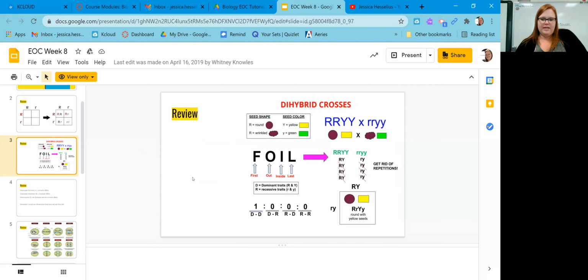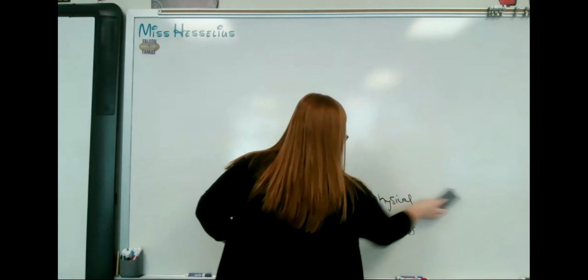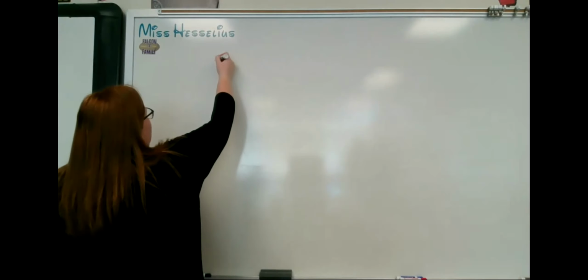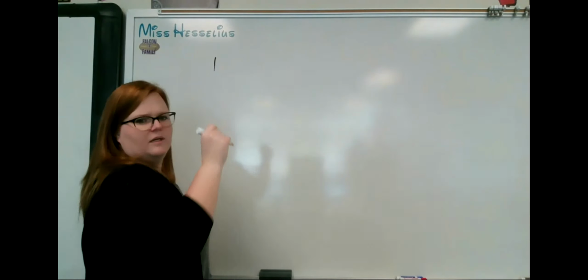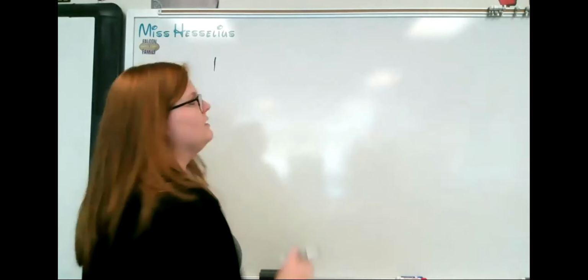The next thing is dihybrid crosses. I'm just going to use this example of seed shape and seed color in my practice. So we're using R's and Y's.